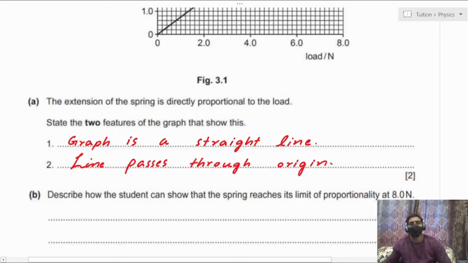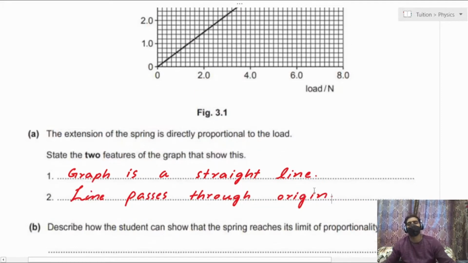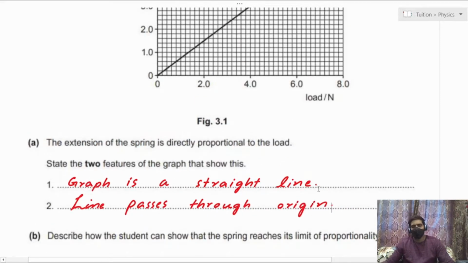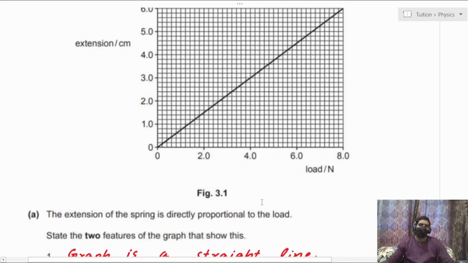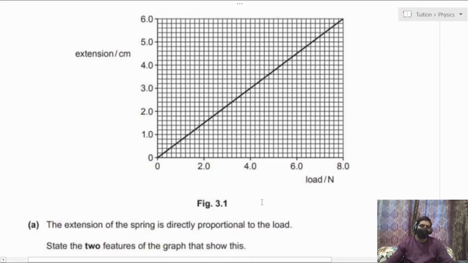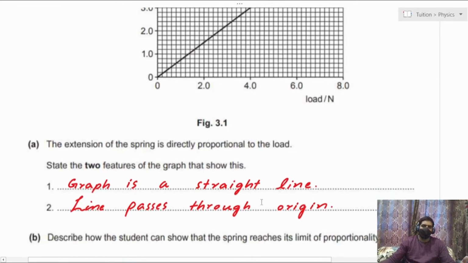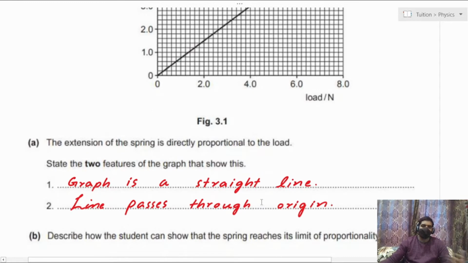So these two can be the features of the graph. Many times I've seen students write first that the graph is a straight line, and for the second feature they write, if the load increases, the extension increases. That is just the same as the first point, that the graph is a straight line.